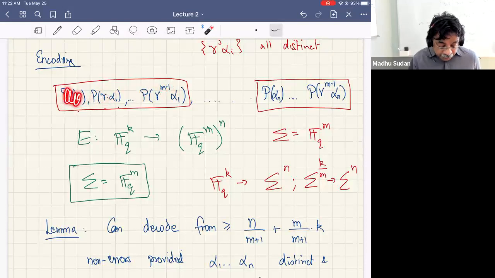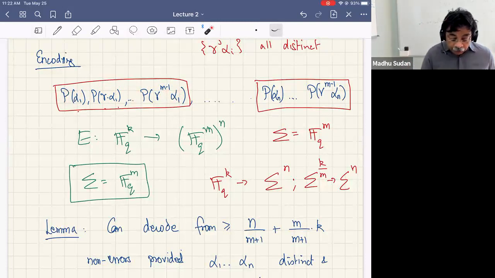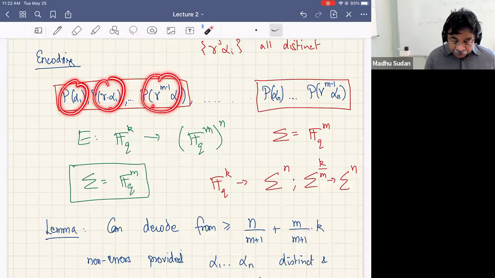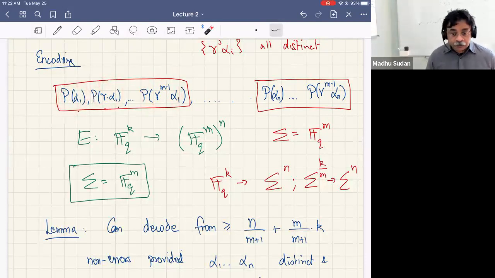So whether you make an error here, or an error here and an error here, it's all the same thing. It's one error, but it's one big error. And we are going to require you to make at most some epsilon fraction of n errors, which means the number of blocks that are going to be touched by your error is an epsilon fraction. This makes a difference. It is not as if you get to touch an epsilon fraction of these little things, but an epsilon fraction of the whole thing.